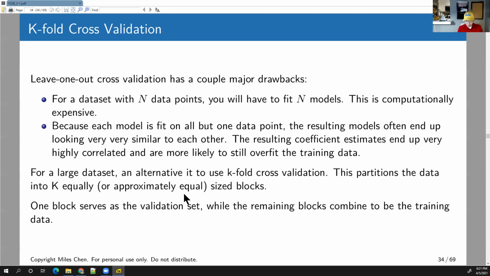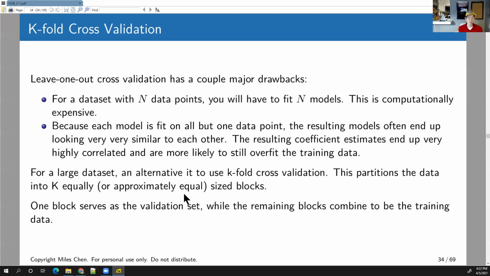A popular alternative to leave-one-out cross-validation is k-fold cross-validation. K-fold cross-validation says, let's take our data set and split it into k approximately equal-sized blocks, and then each block will get to serve as the validation set.